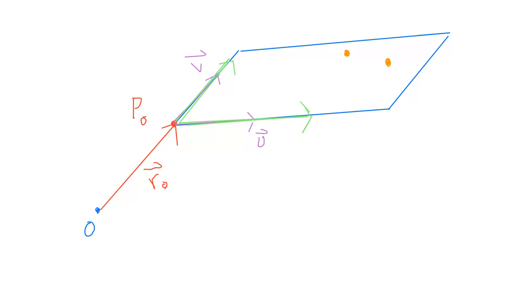I want to call this vector A and this vector B, okay? So the purple vectors, this purple vector is vector A, and this purple vector here is vector B, okay? One moment. All right.